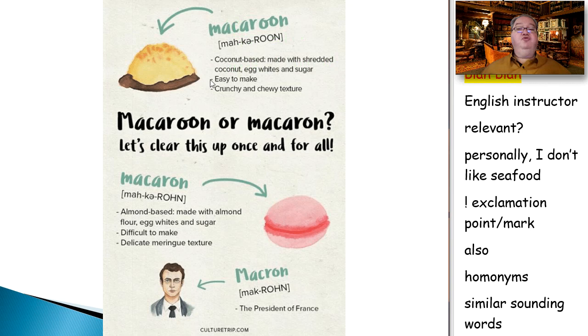They're made with shredded coconut, not a flour, but just shredded coconut, like shredded cheese, like little fine, thin strips of coconut. Egg whites and sugar again, but this is made with almond flour, this is made with coconut. These are pretty easy to make, and they're kind of crunchy on the outside, a little crispy, okay? Baked on the outside and soft and chewy because of the coconut.